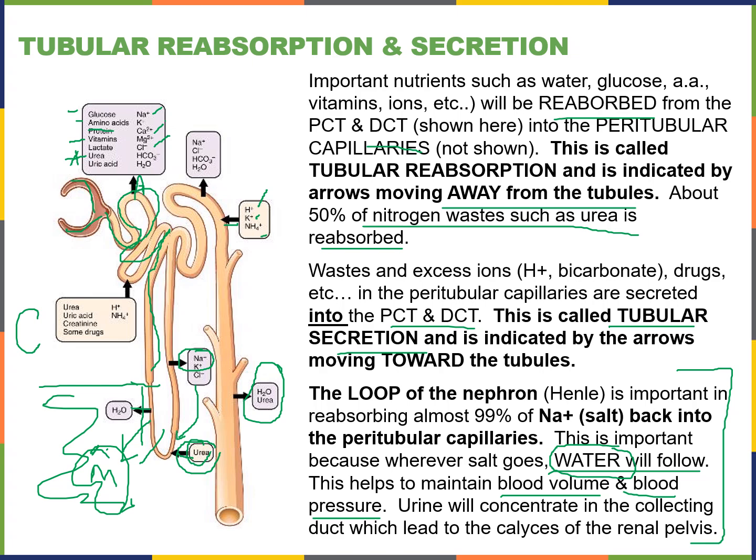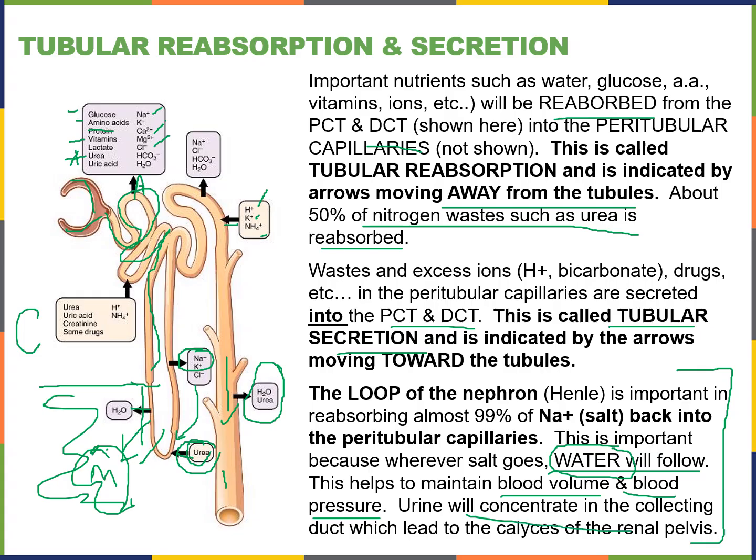So the collecting duct, this part here, like I said, when the filtrate has arrived down here, it's now called urine. And so urine has water, urea, penicillin if you've been taking antibiotics, etc., and excess ions.